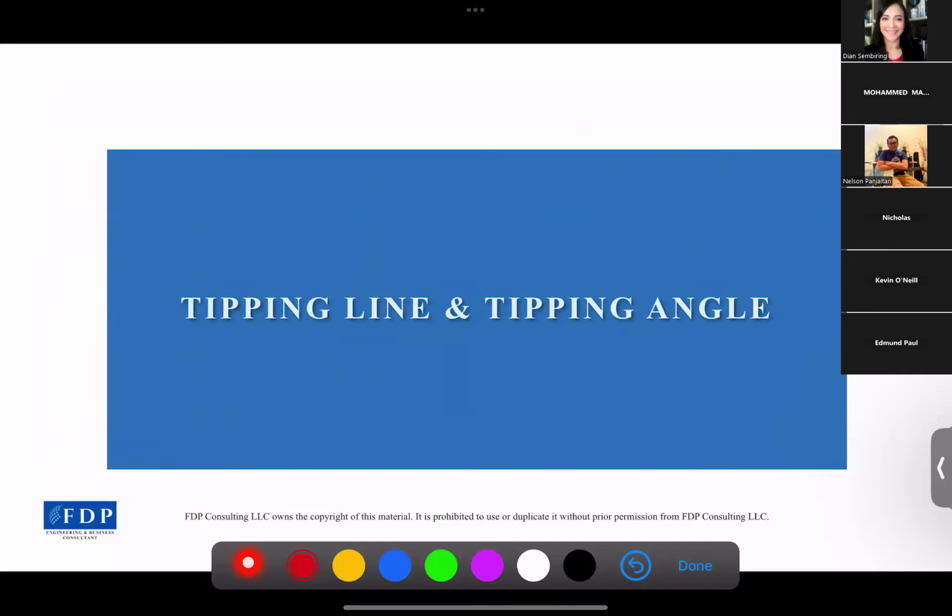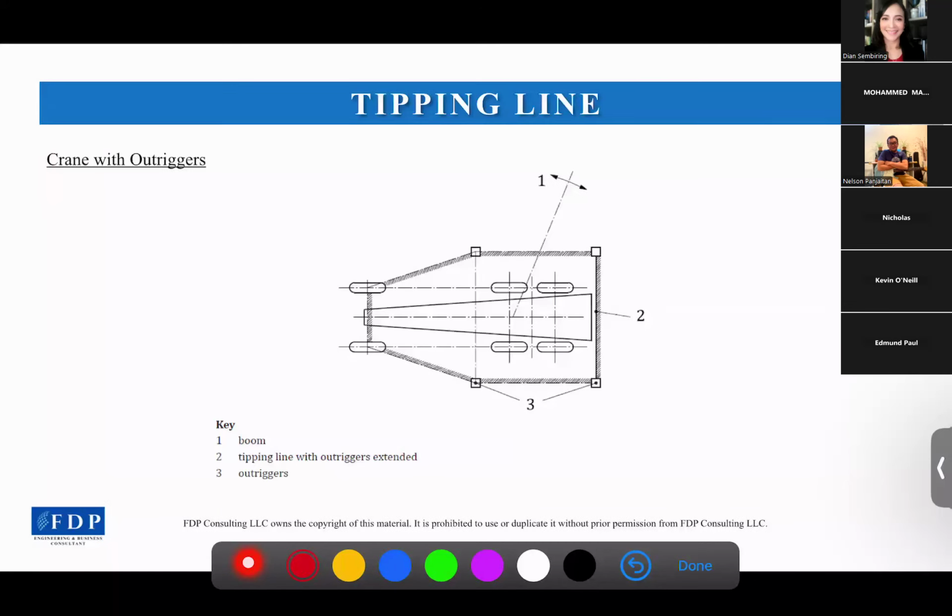Now we will talk about tipping line and tipping angle. For a crane with outriggers, the tipping lines are lines which connect all the outrigger points like this. And if the crane is working with the tires also, then we will have an additional tipping line to connect the tire points as well.